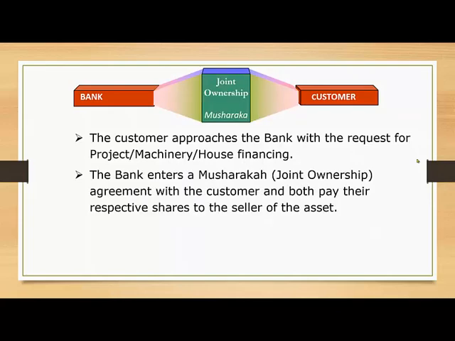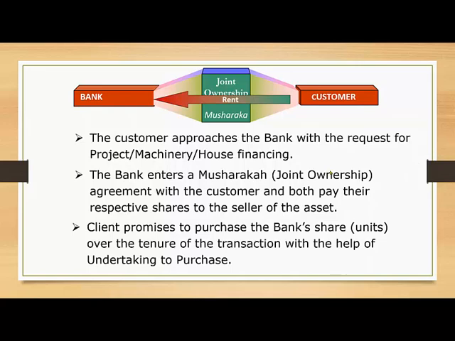The bank enters a musharaka or joint ownership agreement with the customer, and both will pay their respective shares to the seller of the asset. So as you can see, between a bank and a customer, there is an agreement of partnership which we call musharaka, a joint ownership. Bank and customer both own that asset jointly.